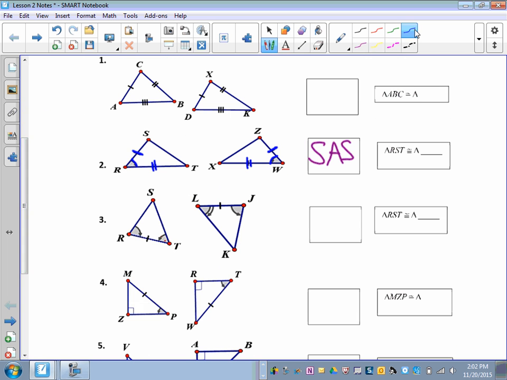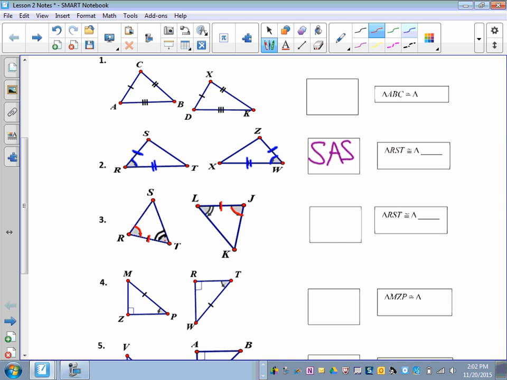Okay, number 3. We need to draw an additional line here. T is supposed to have 2 lines. My apologies for not getting that fixed before. Alright, so number 3, we have that angle R is congruent to angle J. Side RT is congruent to side LJ.